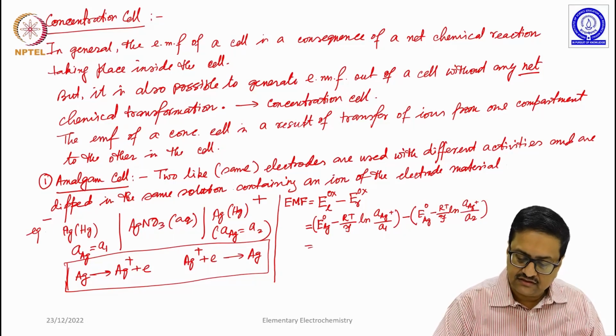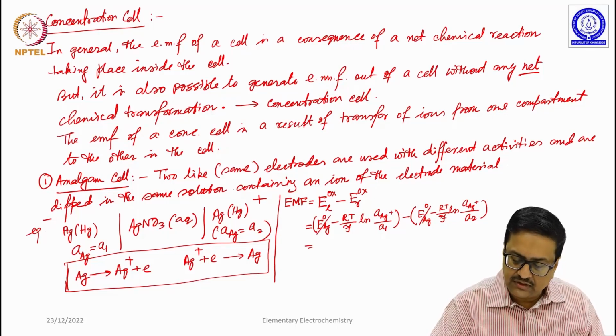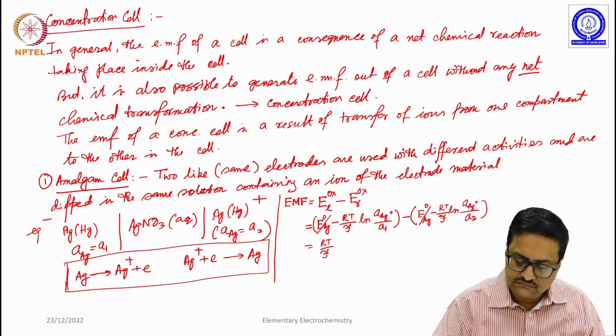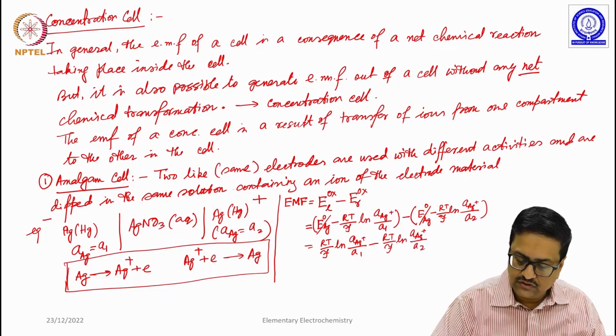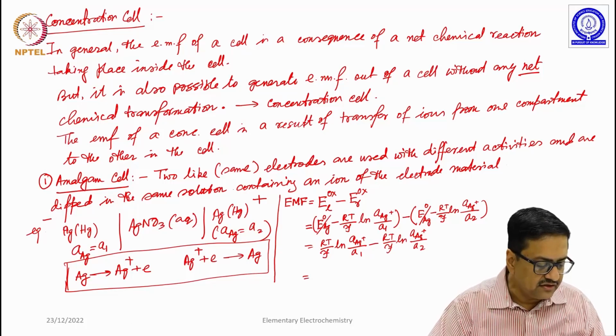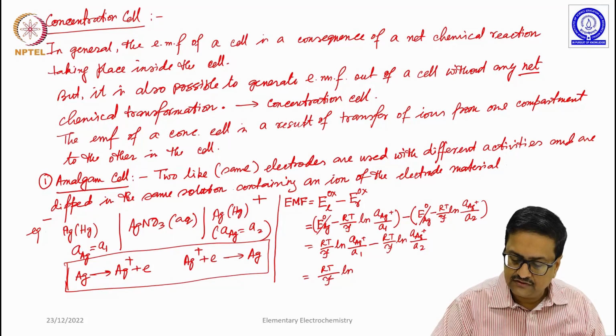So, now you see that this E0 Ag gets cancelled, this minus minus plus, so we write RT by F ln A Ag plus by A1 minus RT by F ln A Ag plus by A2, and when you simplify you end up getting RT by F ln A2 by A1.